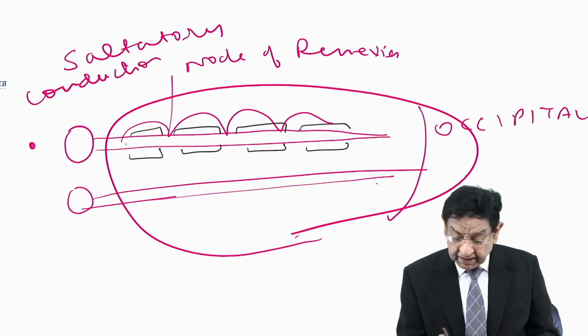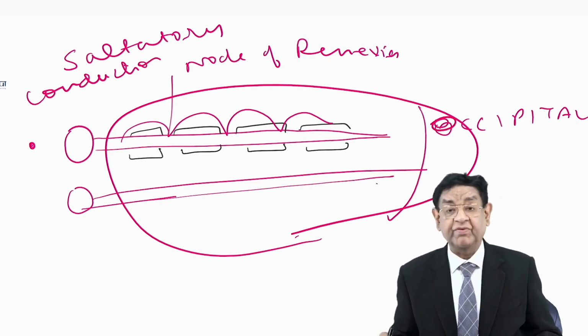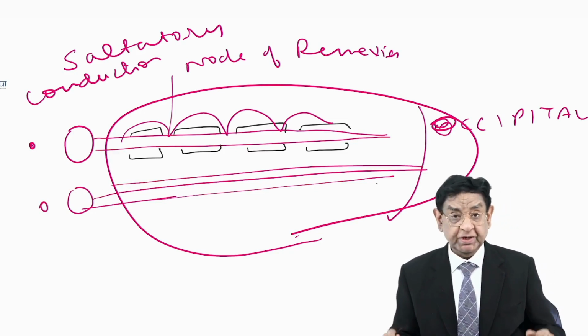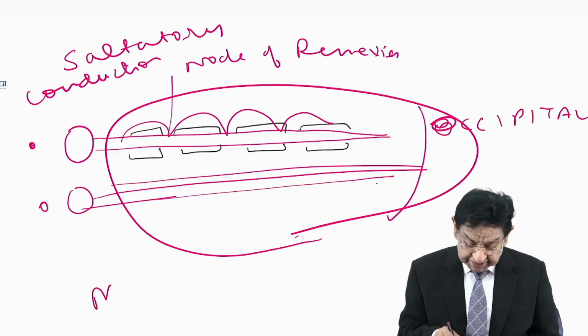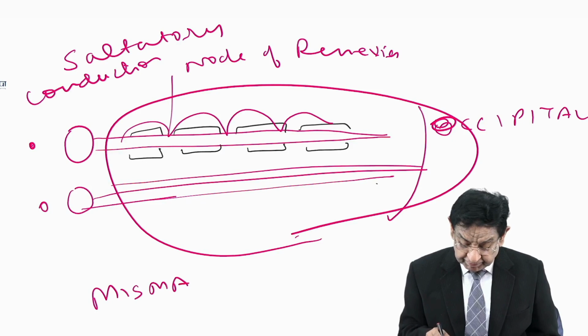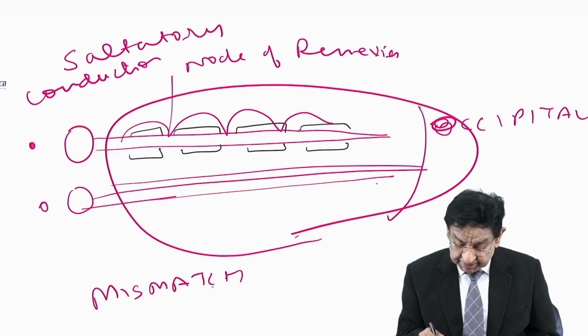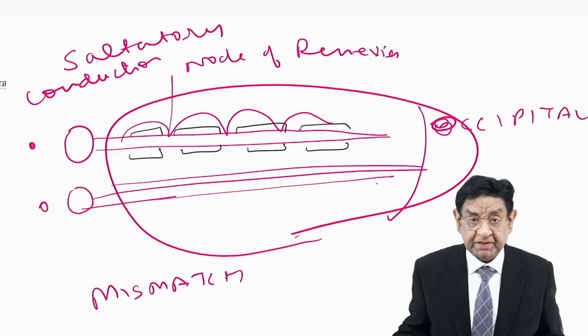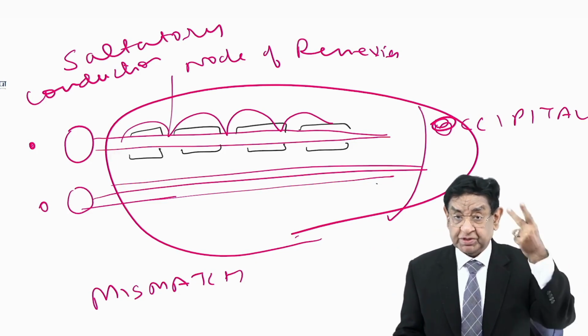So in this eye, the impulse will reach very fast. But now you throw a light here also, now there is no myelin sheath, it goes very slowly. So there will be a mismatch in the impulses coming to the occipital lobe from the two eyes.